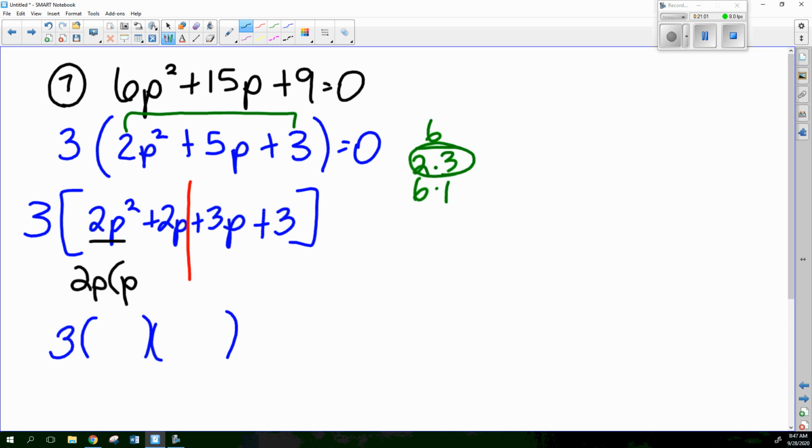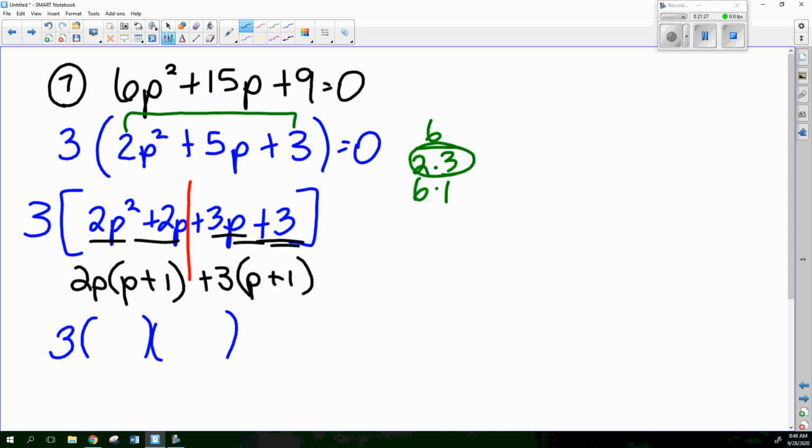Just p plus 1. Very good. And then, Grady, what's the GCF in the other two? Positive 3. And what would you be left with? P plus 1. Very good.